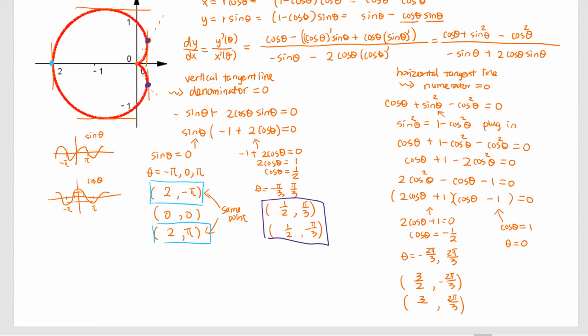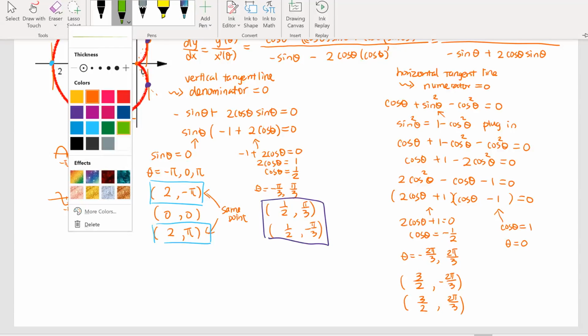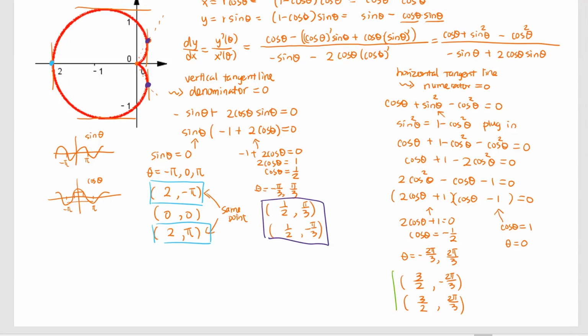So 1 minus -1/2 is 1 plus 1/2, also 3/2. Okay, so what are these? They actually correspond to this point, right? You see this angle is 2 pi over 3, not 3 pi over 2.